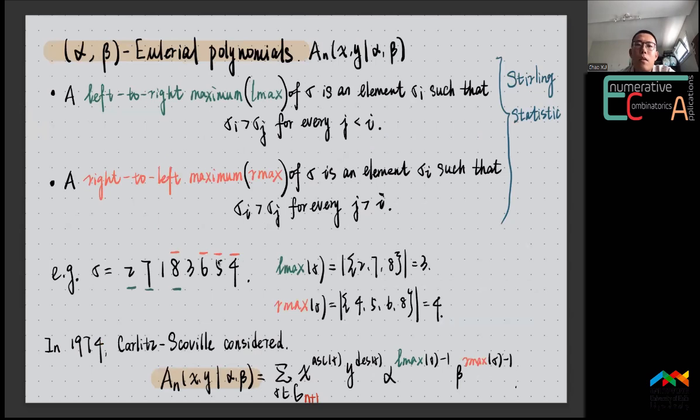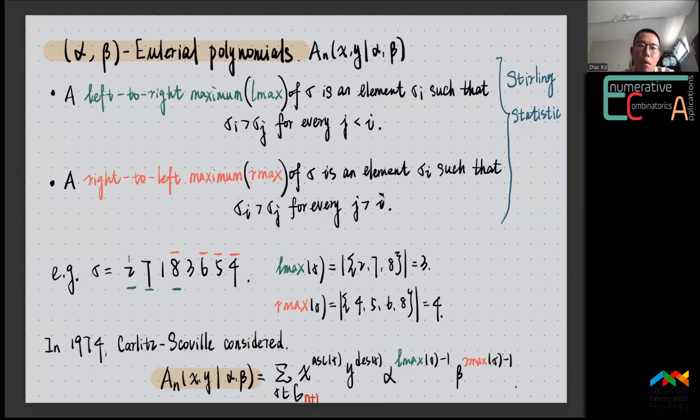Next we record the left-to-right maxima and the right-to-left maxima. These two are called the Stirling permutation statistics.